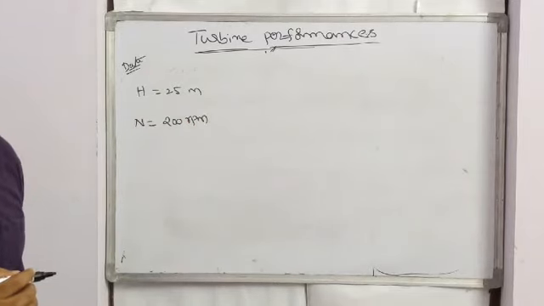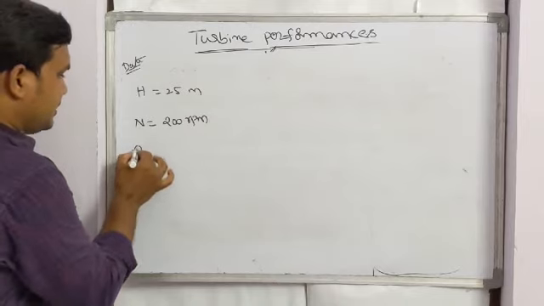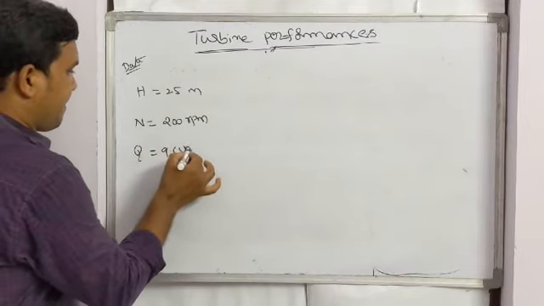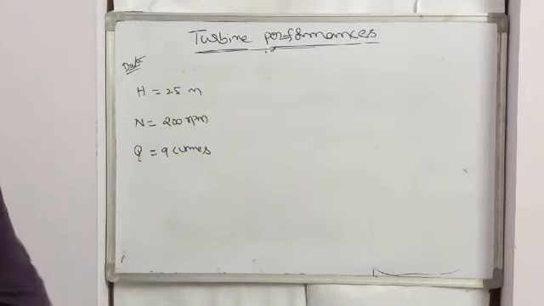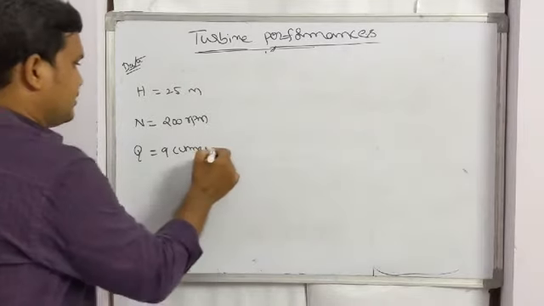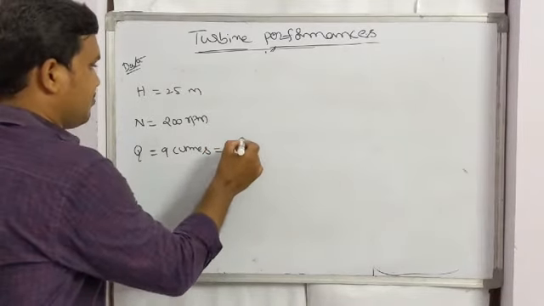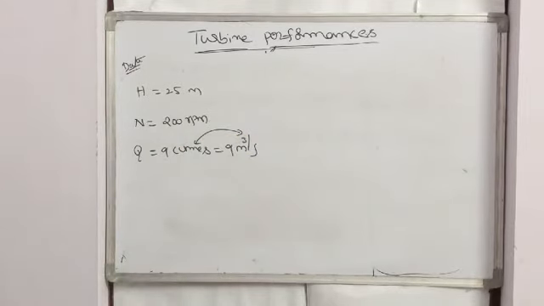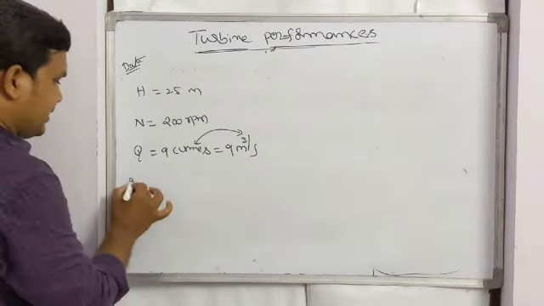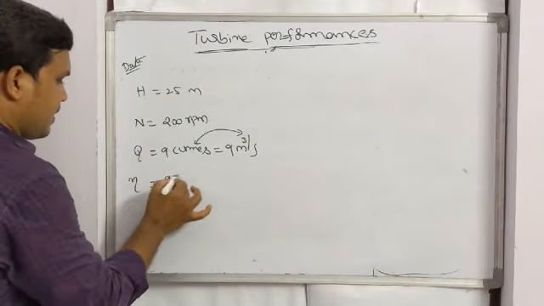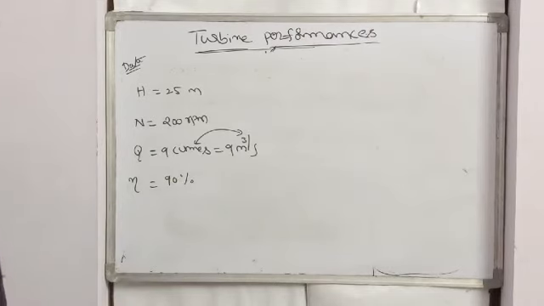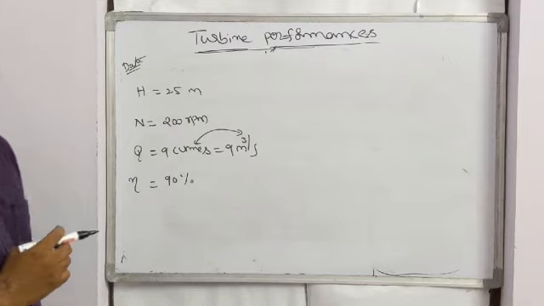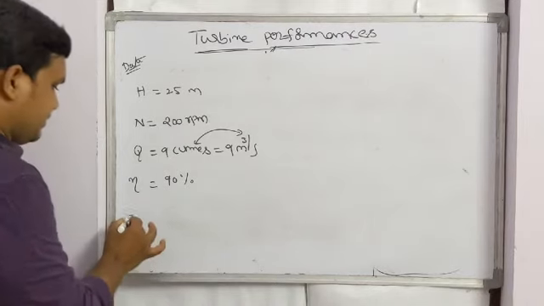The discharge is 9 cumecs. 1 cumec is nothing but 1 meter cube per second. So we write it as 9 meter cube per second. If the efficiency is 90%, determine the performance of turbine under a head of 20 meter.